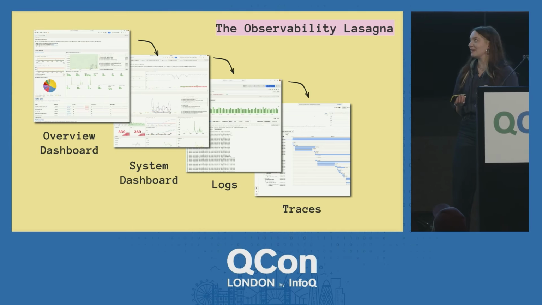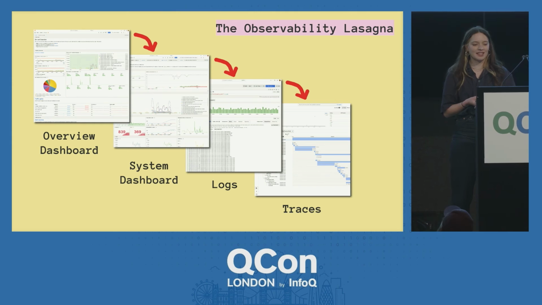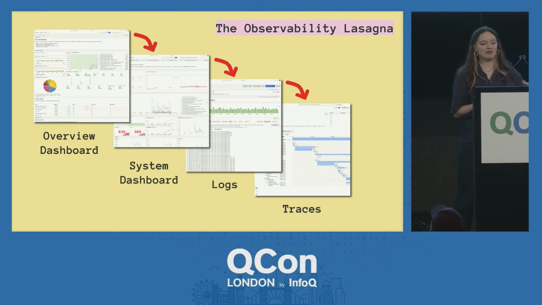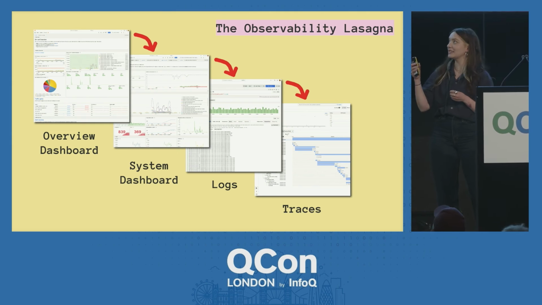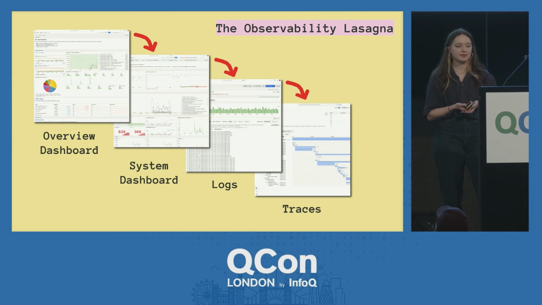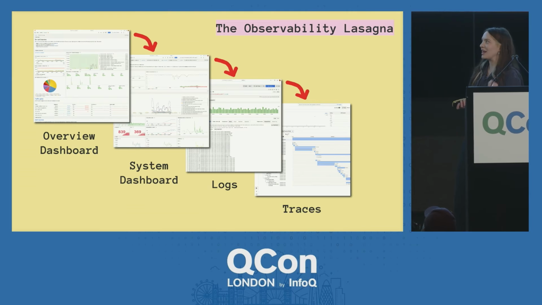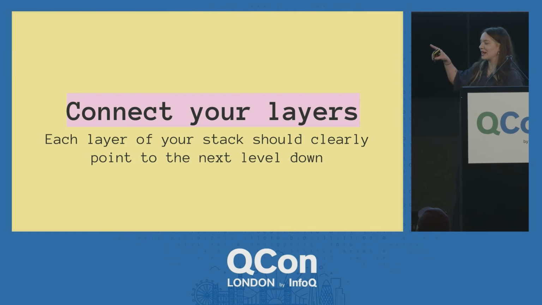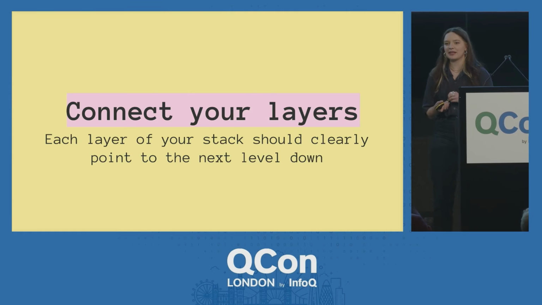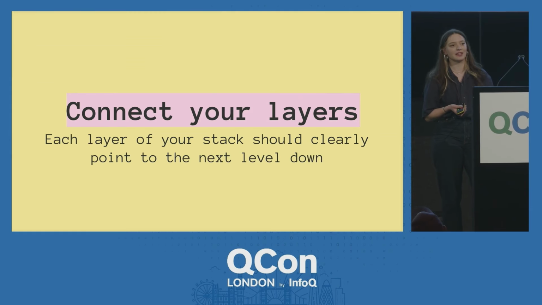So actually, the really key piece of our lasagna is the arrows. These layers are ineffective and won't be adopted by your team if it's not incredibly easy to navigate from top to bottom. And that's why another key principle of great feeling observability is connecting your layers. That means drawing all of those arrows yourself and always knowing exactly how an engineer debugging will arrive on the next step down.